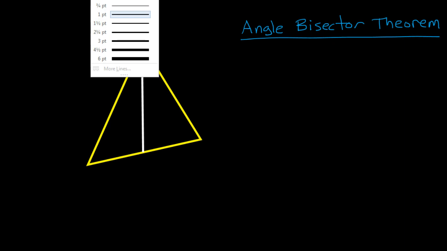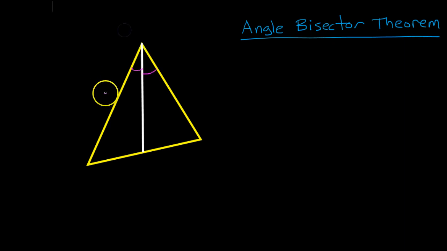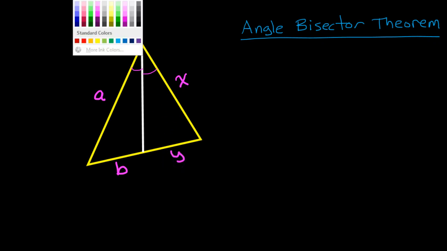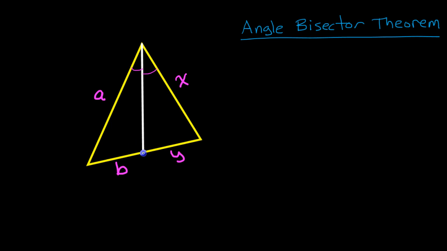Now, consider this. Let's call this A, and let's call this B. And let's call this segment X, and we'll call this segment Y. Okay, so please understand, I'll just put a little dot right here to break up this bottom.